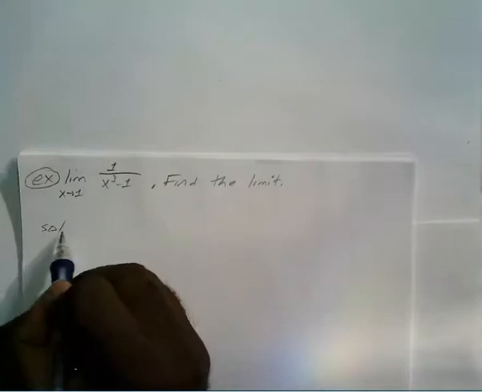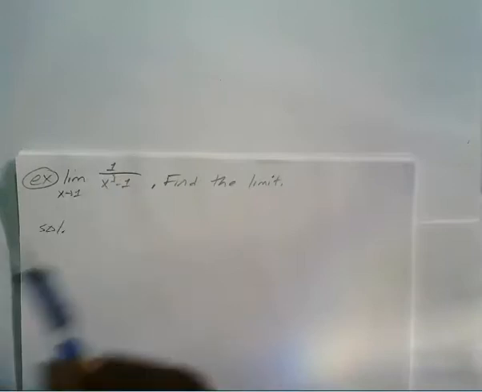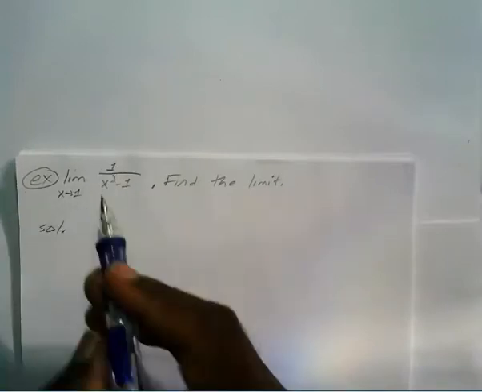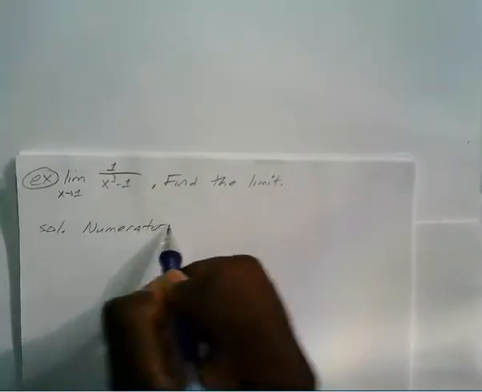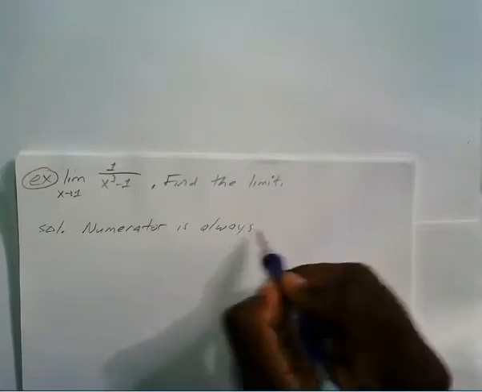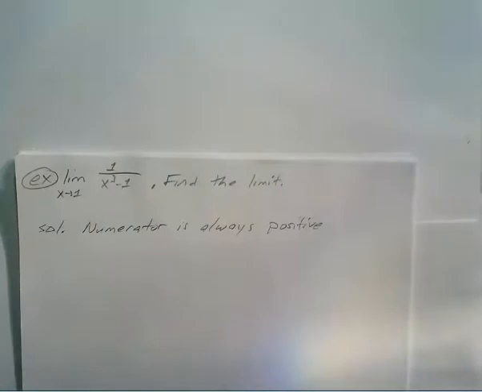Okay, so you see here that your numerator is 1. We don't have to do anything there because the numerator is always going to be positive 1. Okay, so no matter what, it's always going to be positive 1.